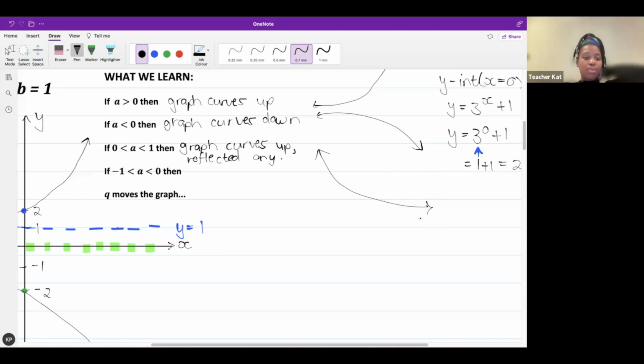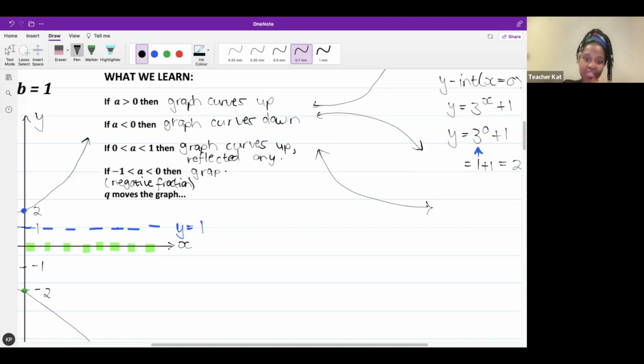So then what do you think will happen if a is between -1 and 0? Firstly, will it curve up or down? Seeing that a between -1 and 0 is a negative fraction. Do you guys understand that? This is a negative fraction. So we know it's going to curve down because it's negative.